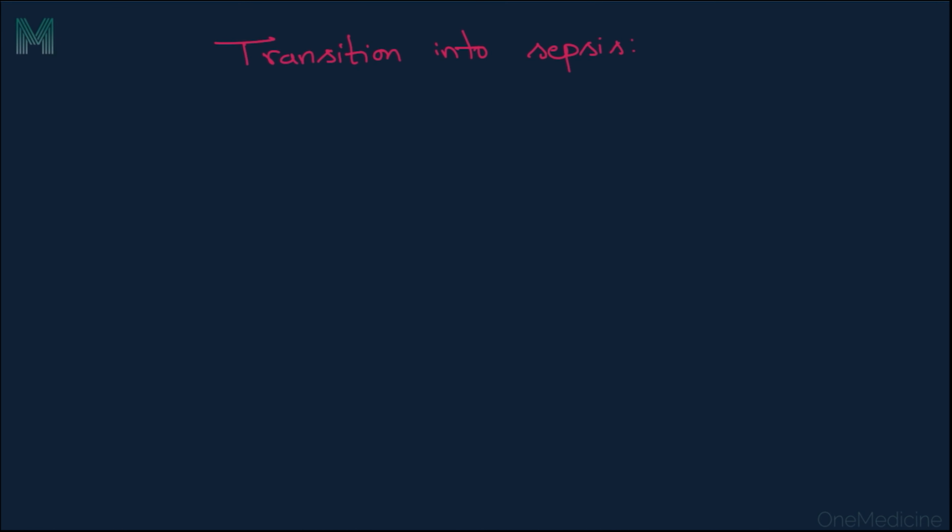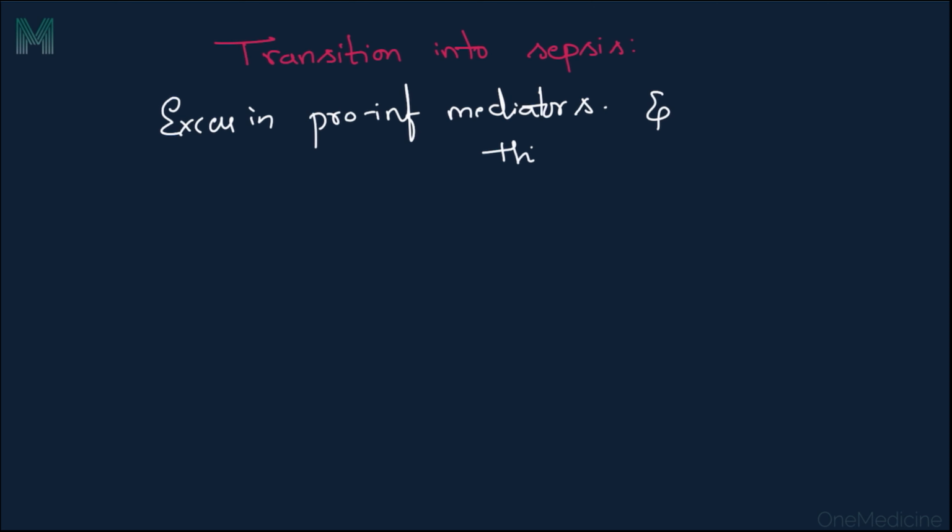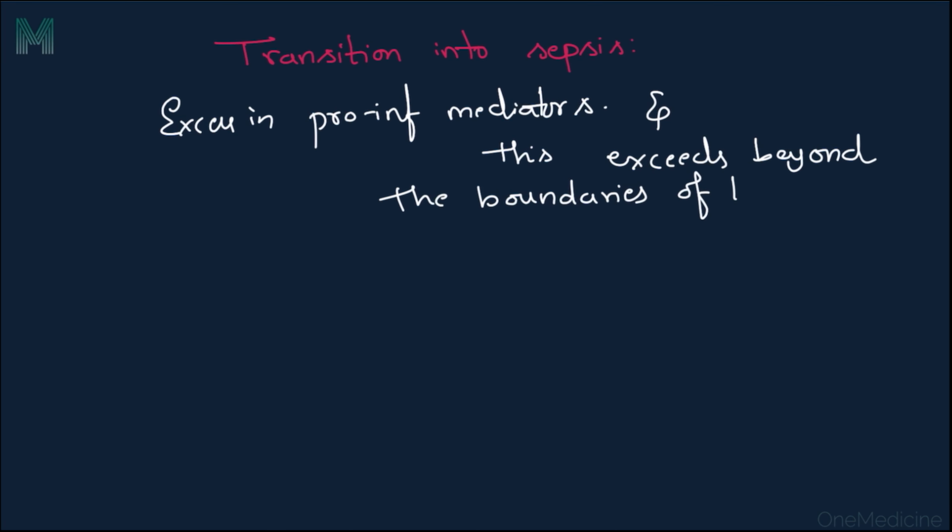The transition into sepsis, as we have discussed, happens when there is an excess of pro-inflammatory mediators and this exceeds beyond the boundaries of local bacterial or microbial invasion.